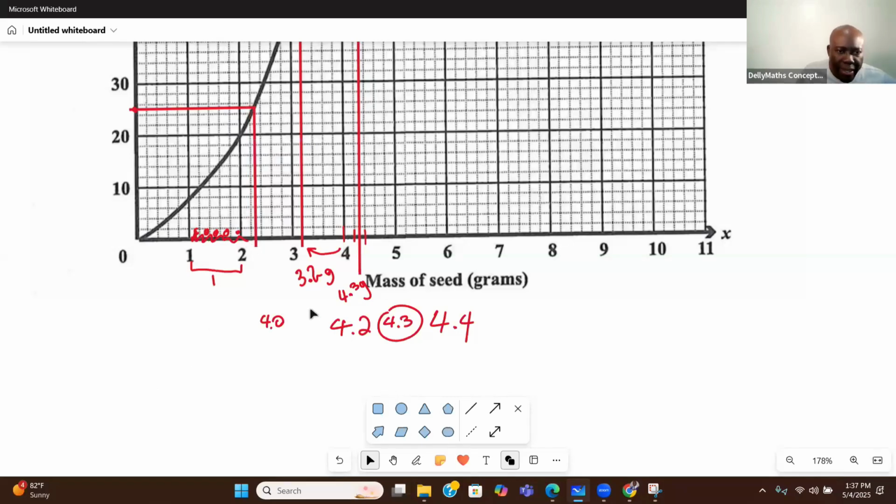That's 2.3, so this is Q1. We needed this for the thing that we're doing. This is 2.3 grams. So Q3 was right here. Q1, Q3, Q2, it's right here. But the interquartile range is Q1 and Q3.